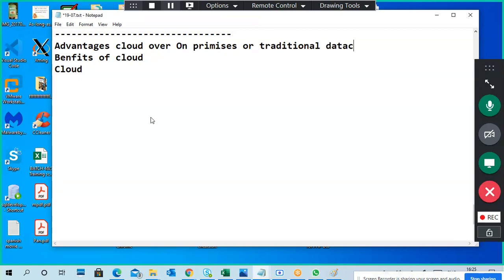Means a data center or on premises that you are maintaining. Or benefits of cloud, or features of cloud.